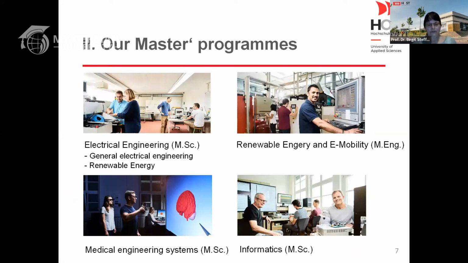At our school, we have 3 master programs in German language: 1 electrical engineering with the specializations general electrical engineering and renewable energy. Here in this program, we have also some modules in English language, and here is the program Renewable Energy and E-Mobility.